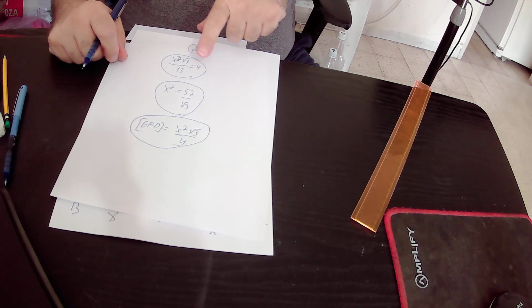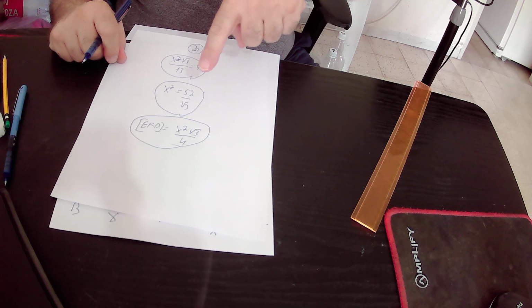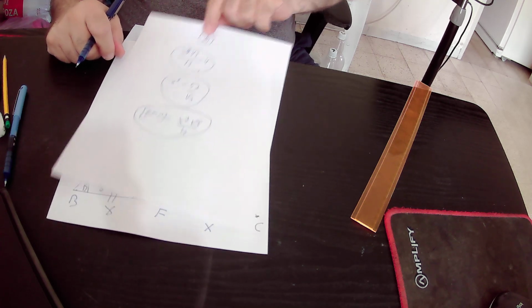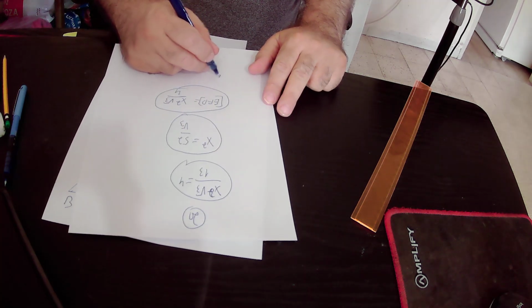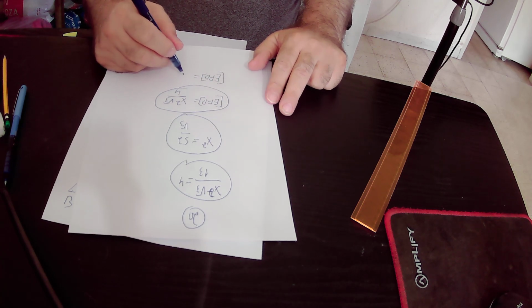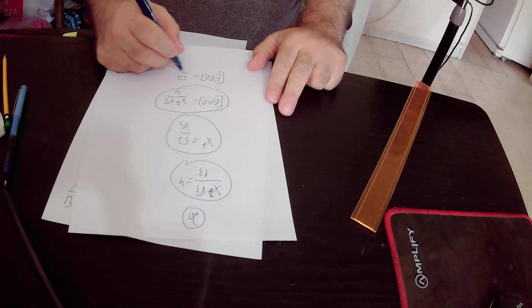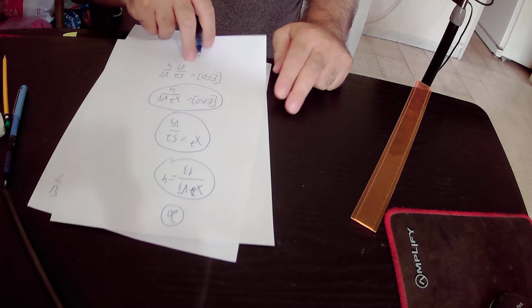But we already know that x squared equals 52 over root 3, so we can substitute x squared in this equality by 52 over root 3. So we'll do it, and we will find out that the area of triangle EFD equals 52 over root 3 times root 3 over 4.